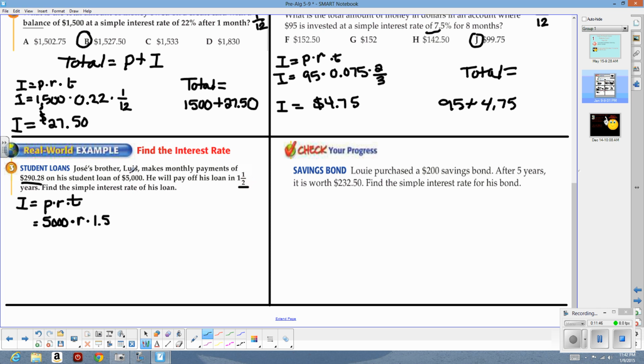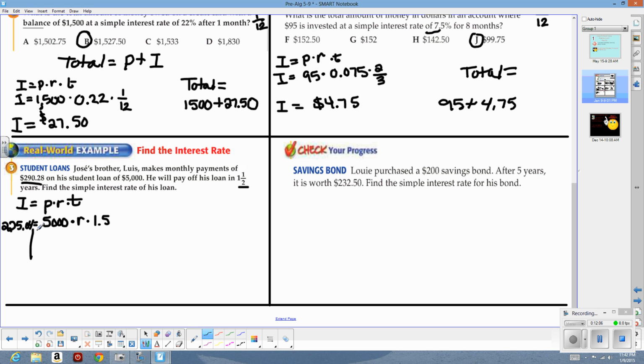So if you take that total he's going to pay and subtract 5,000 from it, the amount he borrowed, that leaves $225.04 as the amount he would have to pay in interest.